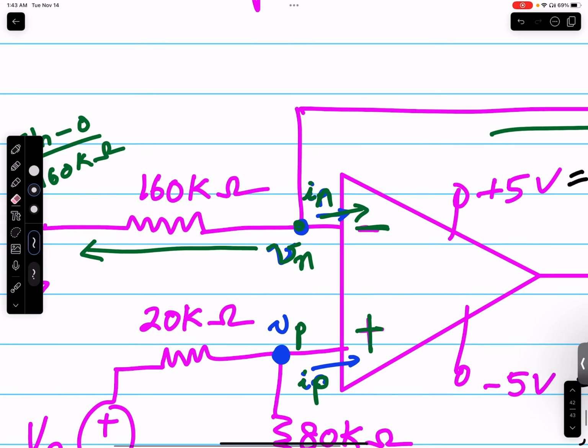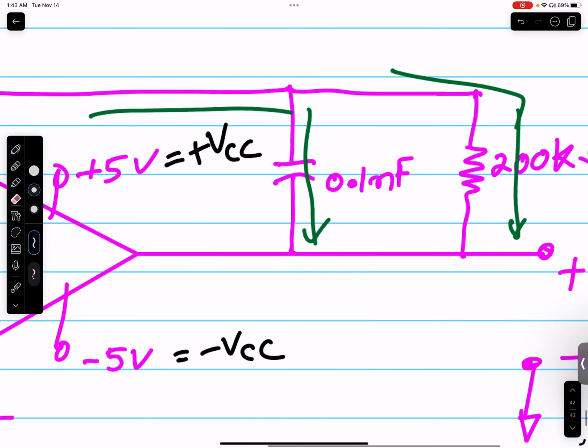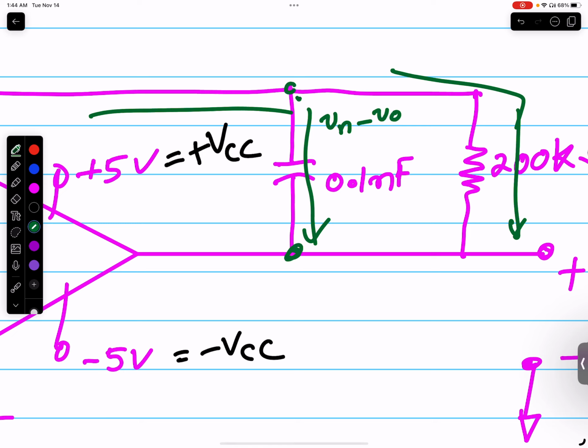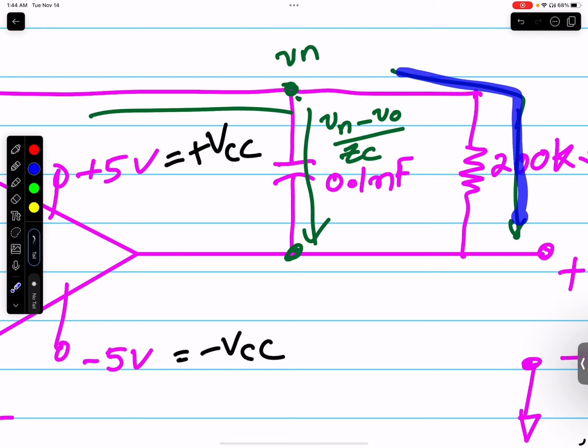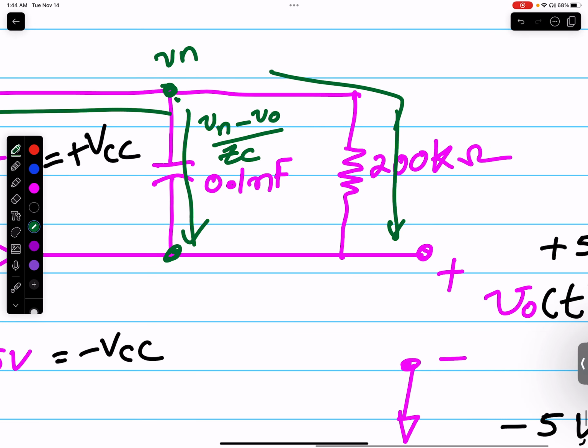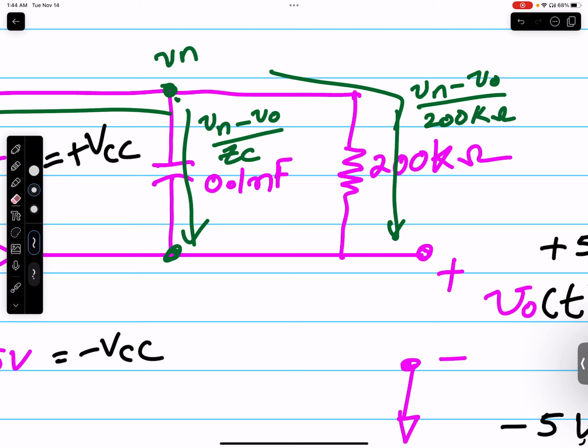Similarly, there are two branch currents here. Vn minus Vo, because this is Vo and this is Vn, by Zc is the current there. The current here is Vn minus V0 by 200K.